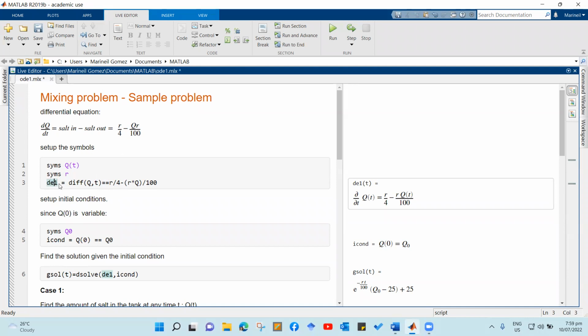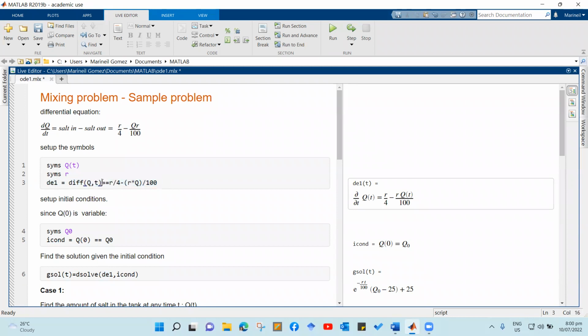I like to imagine it's a vessel, a box where I will store whatever I want. In this case, I want to store the differential equation in my variable, de1. The first equal sign, the single equal sign, designates that this box, de1, should contain this differential equation.